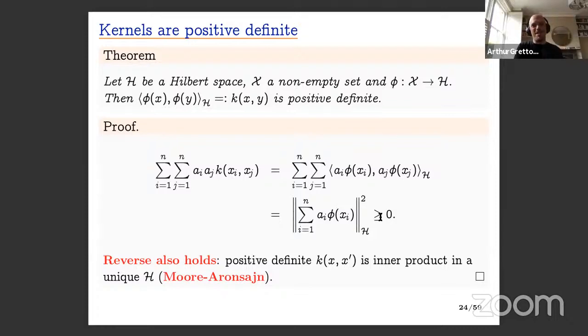So this property is in a sense a very intuitive and obvious property for feature spaces. But as I say, it's an if and only if. So if I have a positive definite kernel, then there must exist a feature space, even if it's really hard to find, such that the kernel is a dot product between those features. And that's the Moore-Aronszajn theorem.